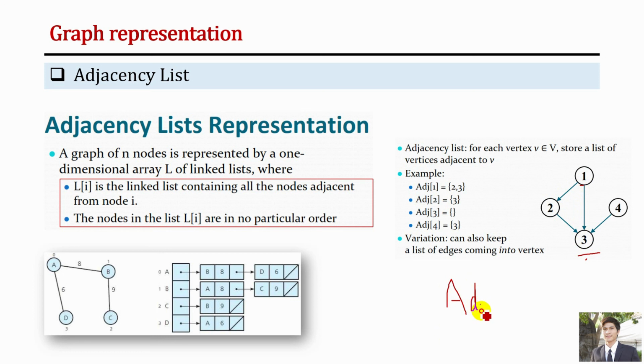Adjacent of 1, we put 1 in the brackets here, and the value is vertex 2 and vertex 3, right? Because 1 has edges connecting to other nodes, which are vertex 2 and vertex 3. So we got vertex 2 and 3 here as a stored list of vertices which are adjacent to this one.